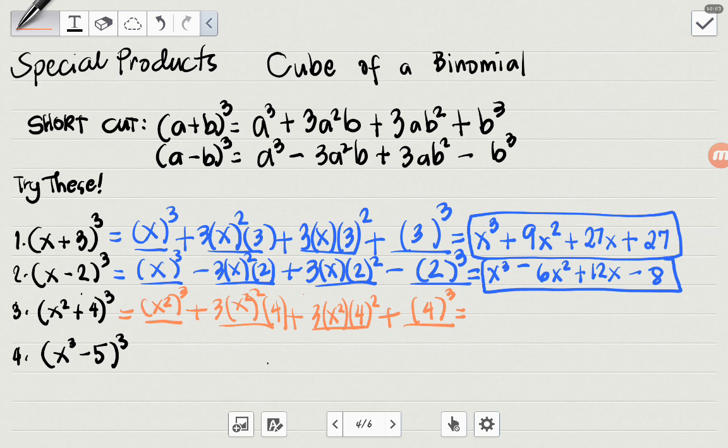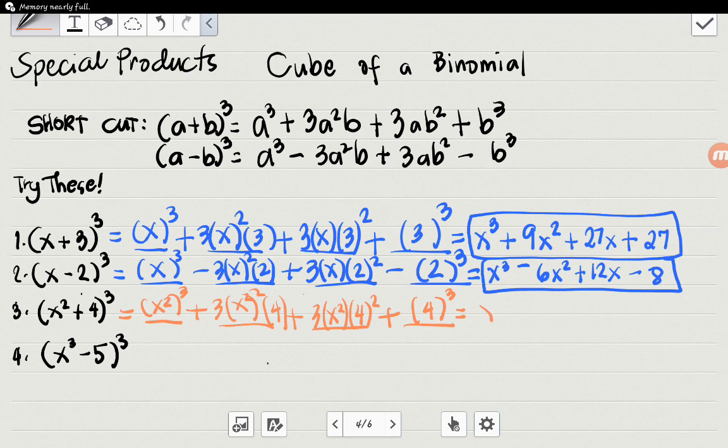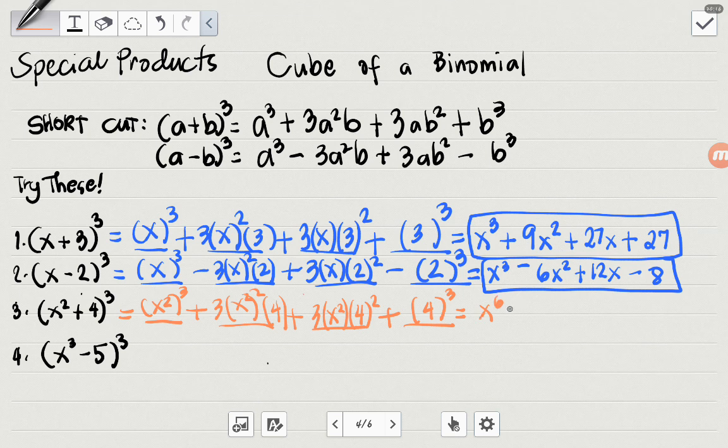So, this is cube of x squared. Multiply natin, power of a power, x raised to 6. Plus, this one is square ng x squared, x raised to 4. Tapos 3 times 4, 12. 12x raised to 4. Next term natin.